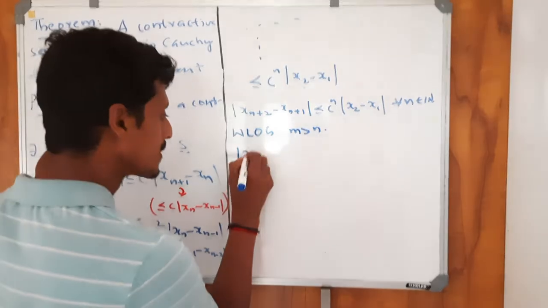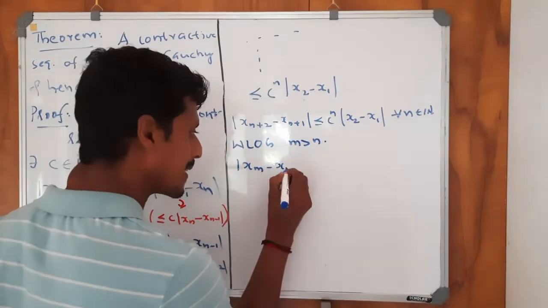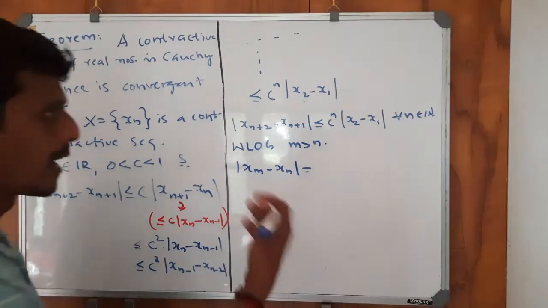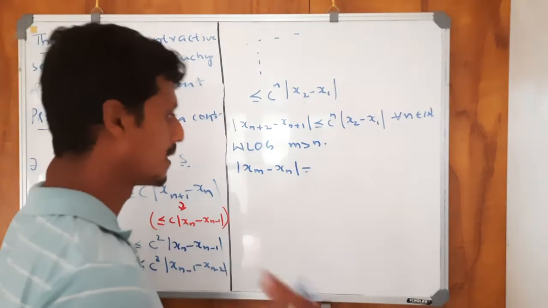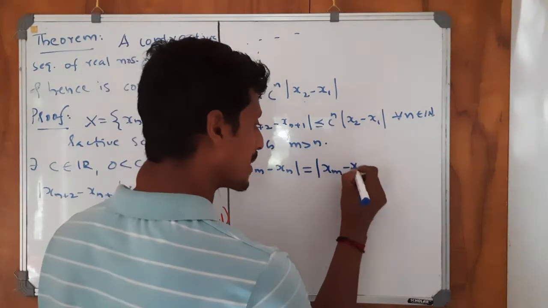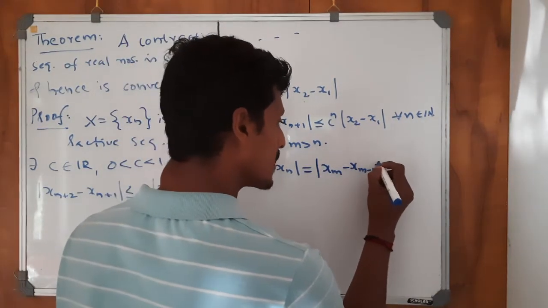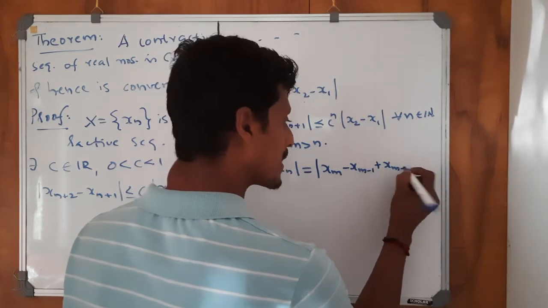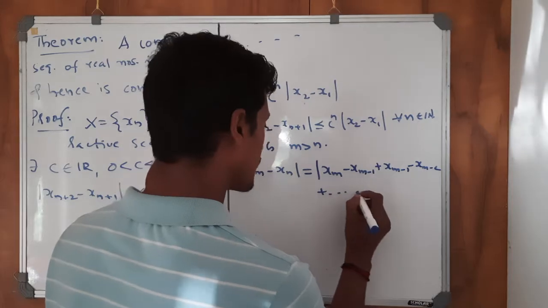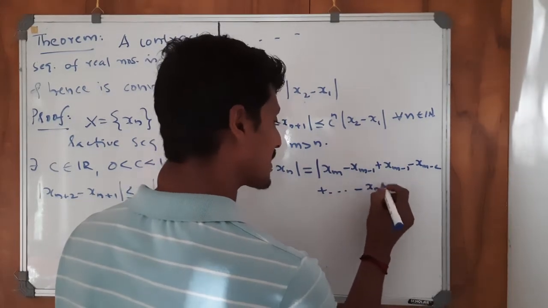Then |xm - xn| is equal to, let us smuggle in terms and apply the triangle inequality, |xm - xm-1 + xm-1 - xm-2 + etc. - xn|.